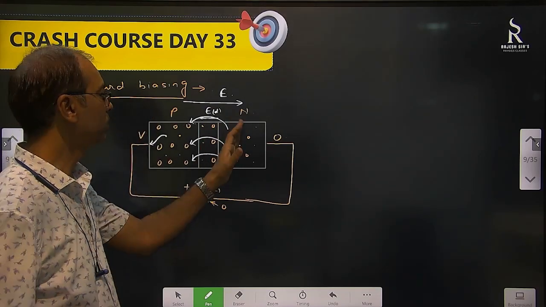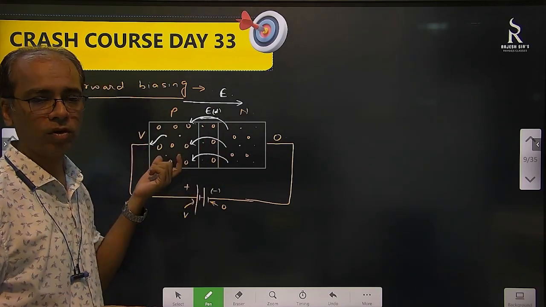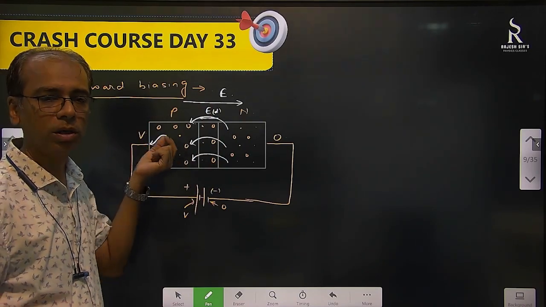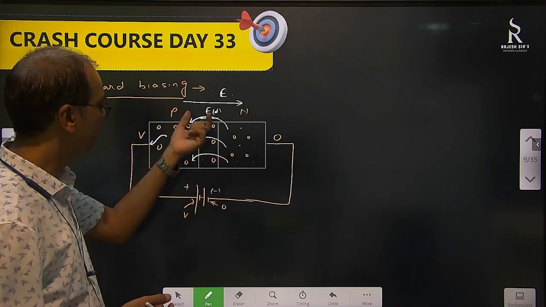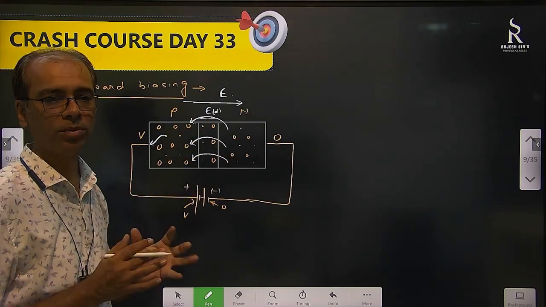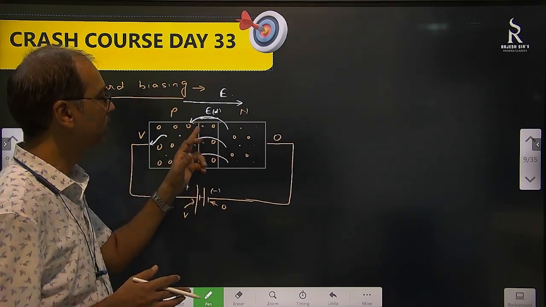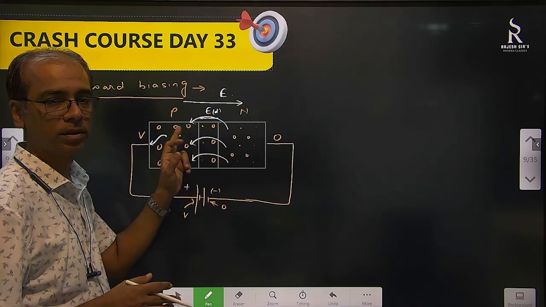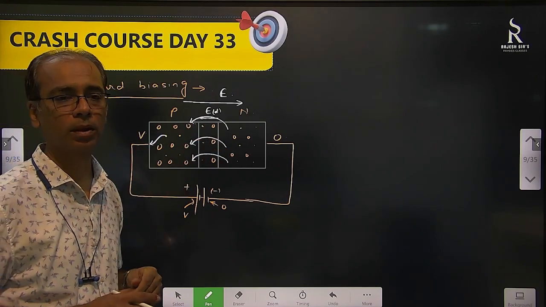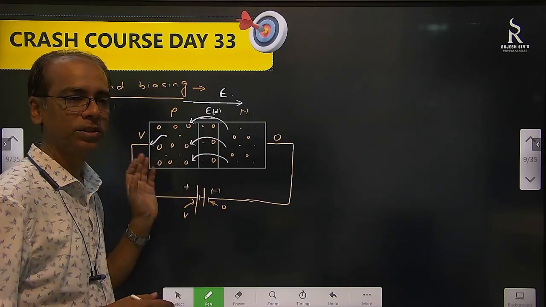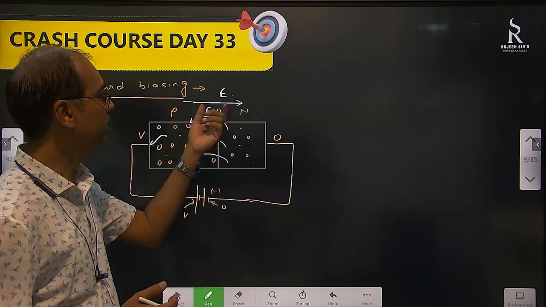Once an electron is moving this side, a covalent bond is broken from here and an electron goes here so that the supply is maintained. Second thing, in the depletion layer also some covalent bonds are broken. Because of this electric field, the electron goes to this side, the hole goes to this side. Then again an electron will be jumping over because of the external electric field.